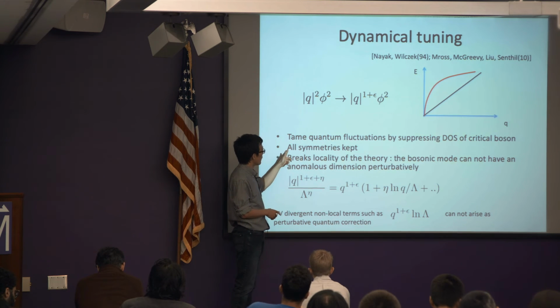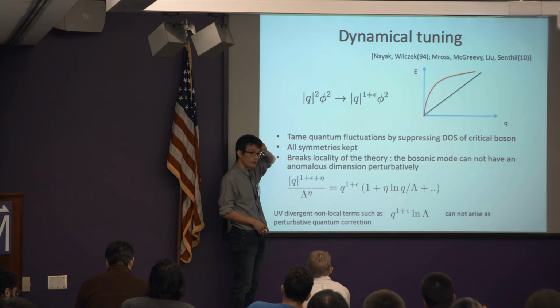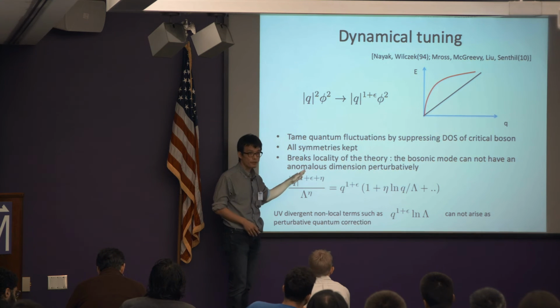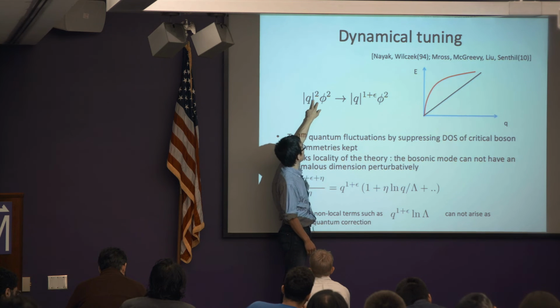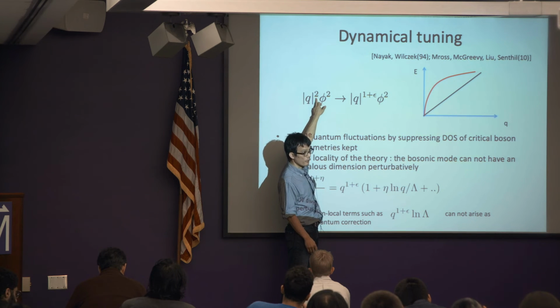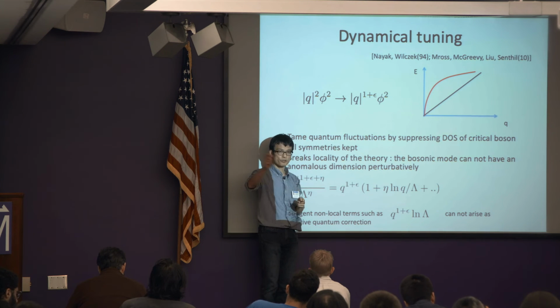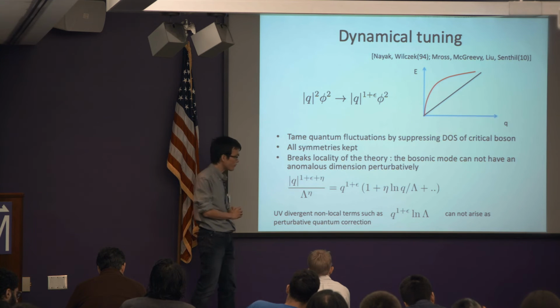This scheme has the advantage that it manifestly keeps all the symmetry of the original system. But one downside of this scheme is that it breaks locality. As soon as this power becomes a fractional number, this is no longer a local kinetic term. It describes non-local hopping in real space.